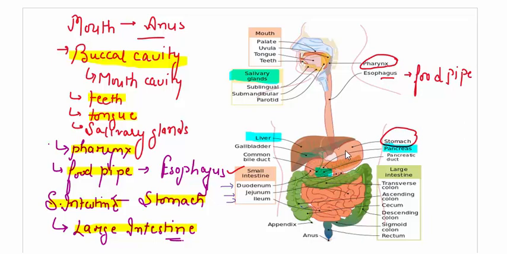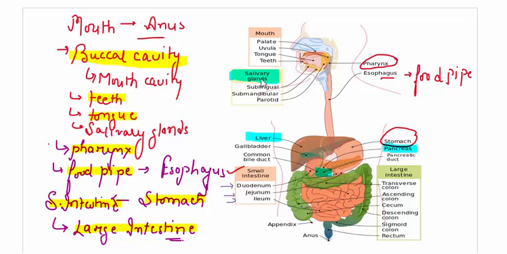And in the stomach, the secretions are through the gastric glands. And in the upper part of the small intestine, the secretion is through the intestinal glands, right? Some of the cells in the intestine secrete the intestinal juice.